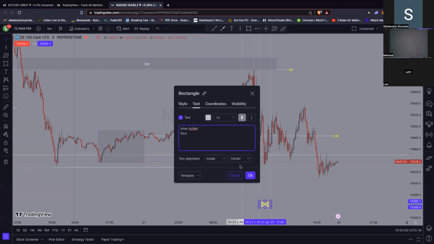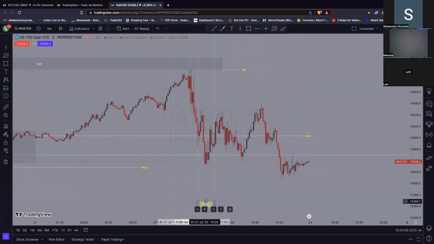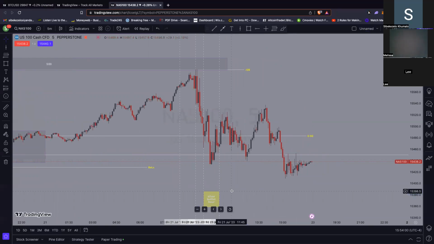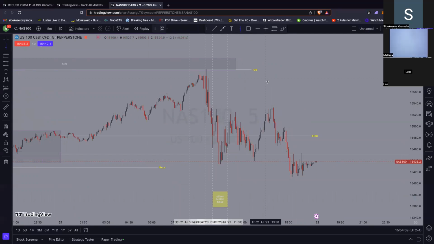Silver bullet hour. Center. Okay, there you go. So I want to see if there was an entry to take this thing up or down during this time window. Okay, and we have this PM session from 1:30 actually.